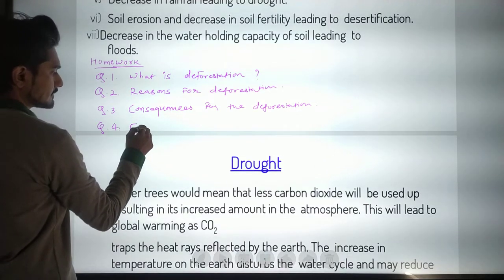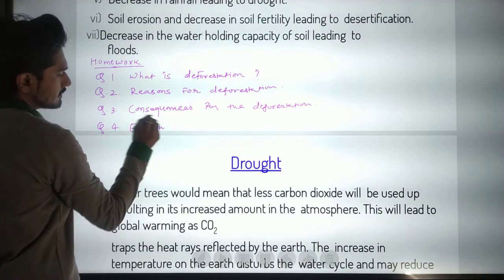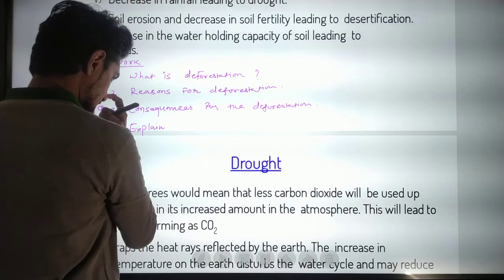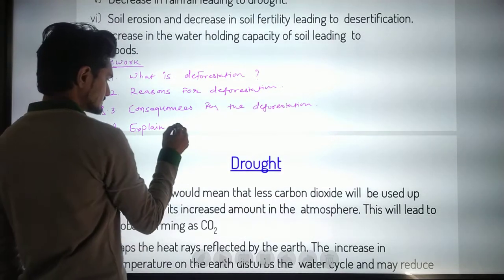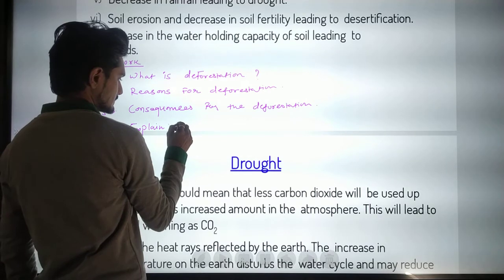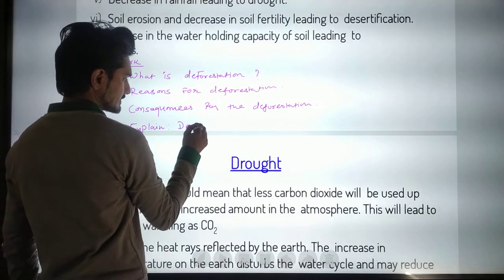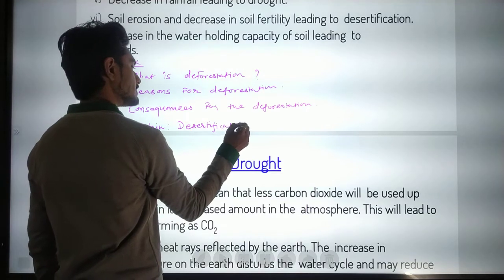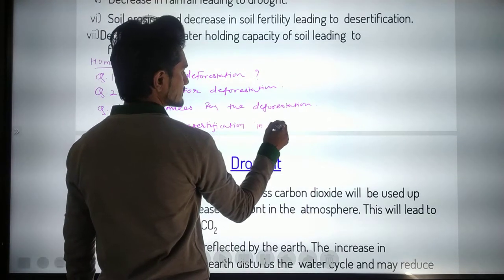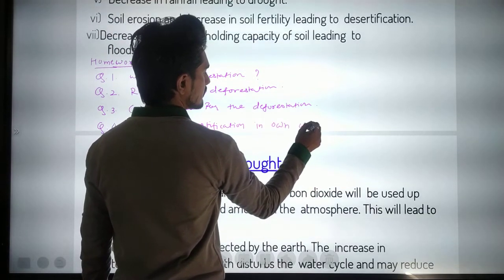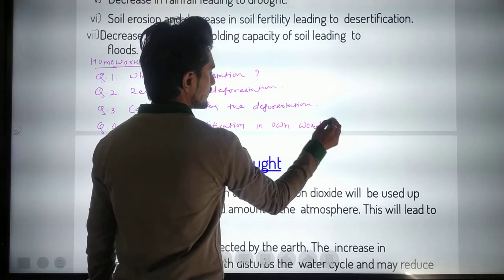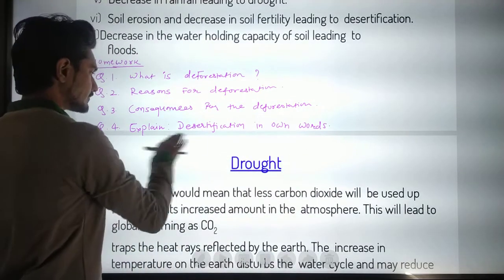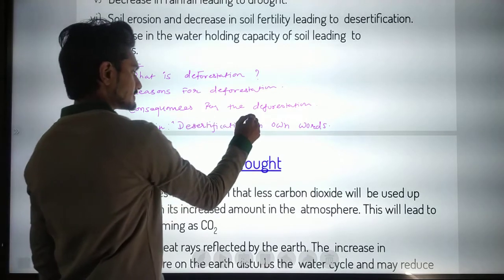Explain desertification in your own words. Drawing is not necessary for explaining desertification.